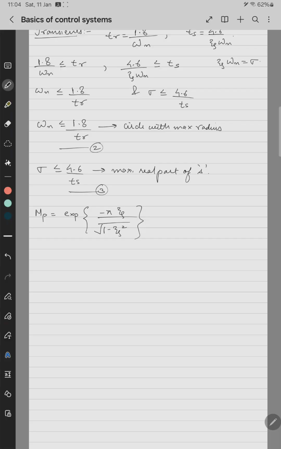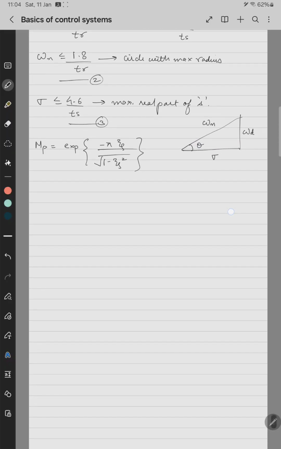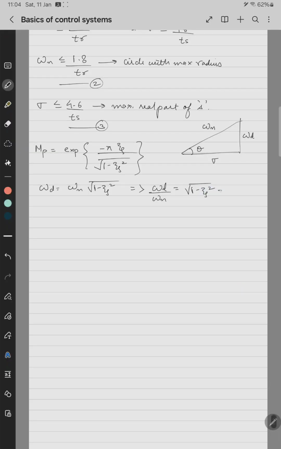And zeta is a function of theta, which you already saw. Quickly I'll just write here. Let's say this is sigma, this is omega d, then this becomes omega n, this is theta. So we write, we know omega d equals omega n under root of 1 minus zeta square, or omega d by omega n is under root of 1 minus zeta square, which is also equal to what?